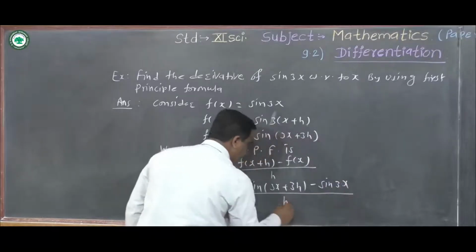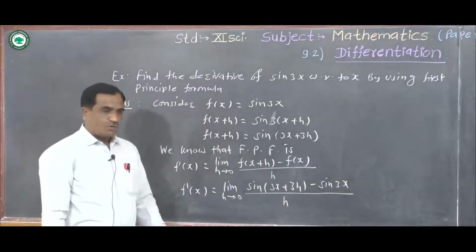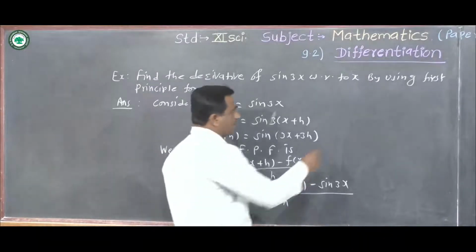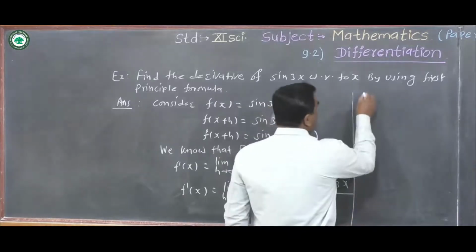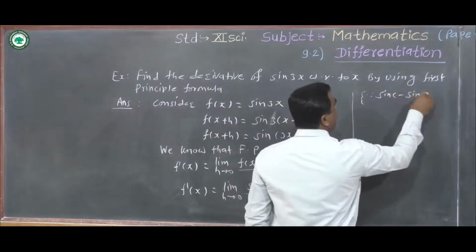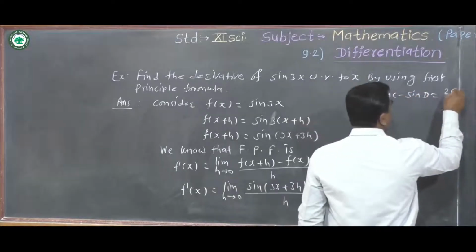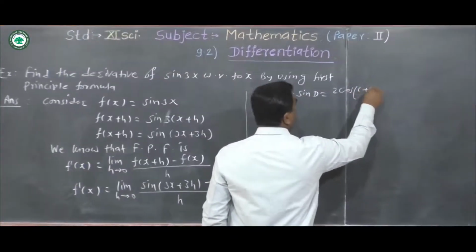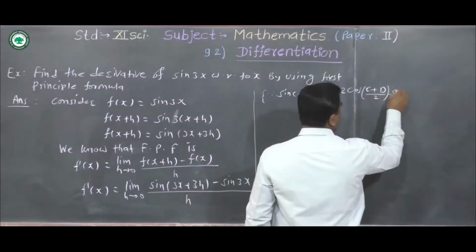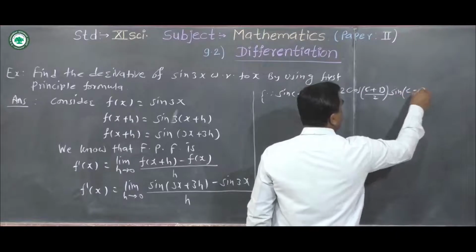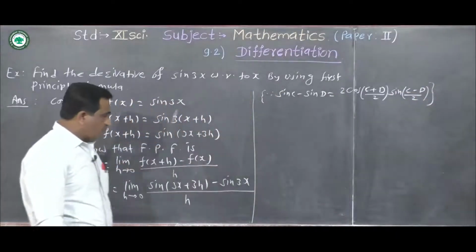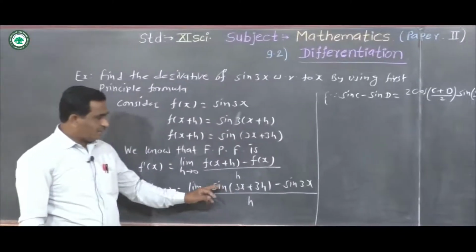upon h. Okay, now we have to use here formula sin c minus sin d. Now formula is, we can write here, sin c minus sin d is equal to 2 into cos of c plus d upon 2 into sin of c minus d upon 2. Okay, using this formula we can write value of this numerator.